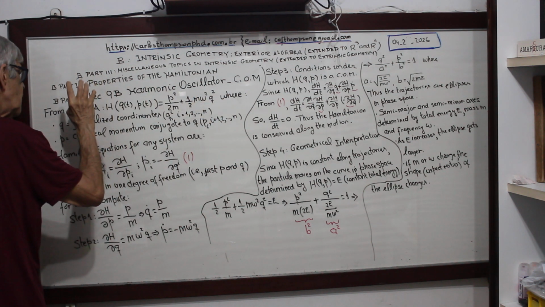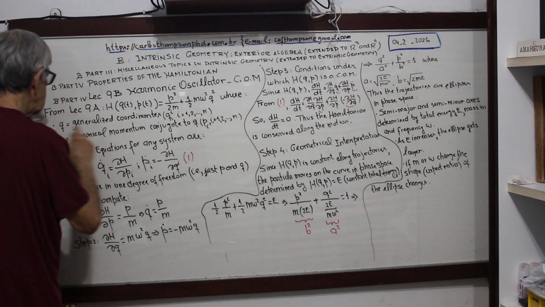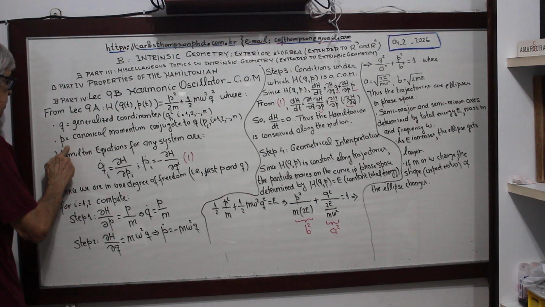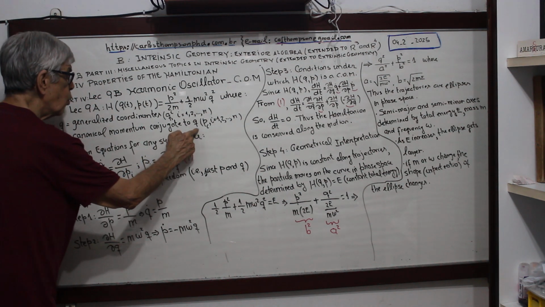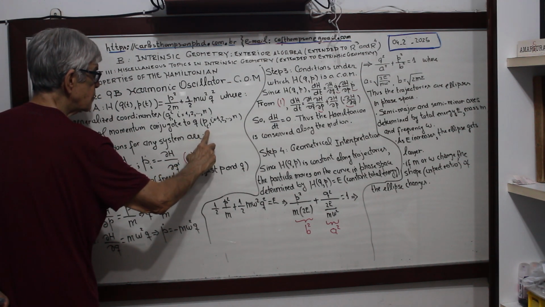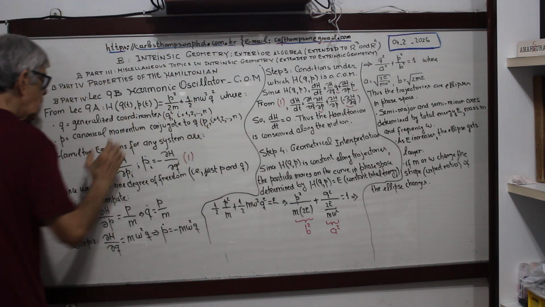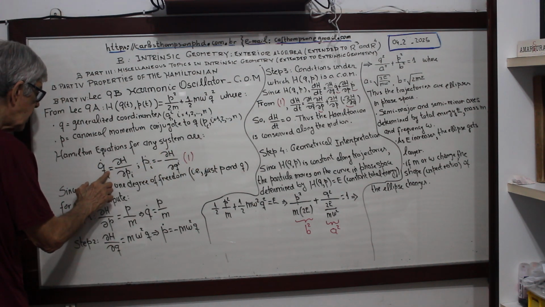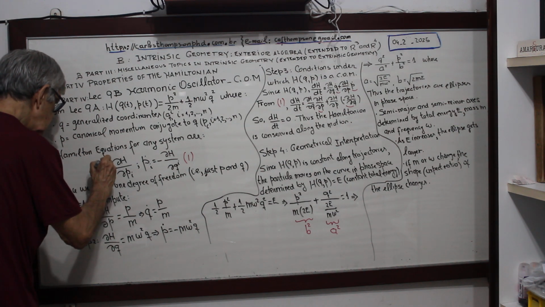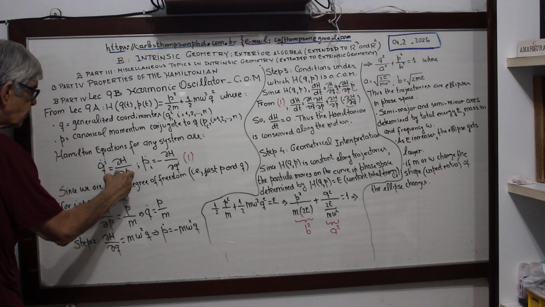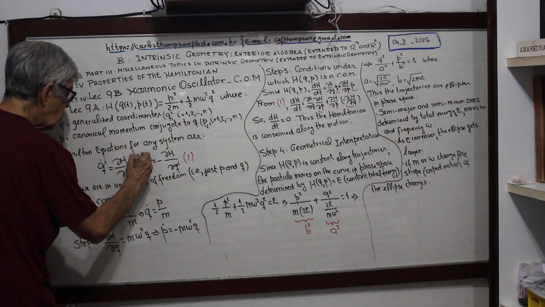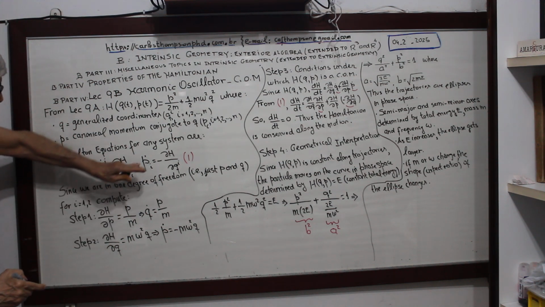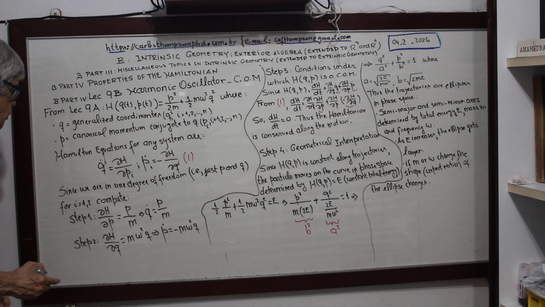You just look at lecture 9A, where q is a generalized coordinate, q^i, i equals 1 to N, and p_i is the canonical momentum conjugate to q, downstairs, you see? i equals 1 to N. Now, Hamilton's equations for any system are q dot i, I'm sorry, this i is upstairs, q dot i is the partial of H with respect to p_i, and p dot i is minus the partial derivative of H with respect to q^i. This we derived from previous videos.